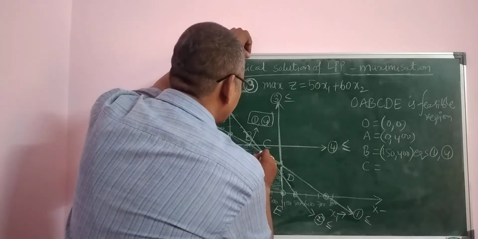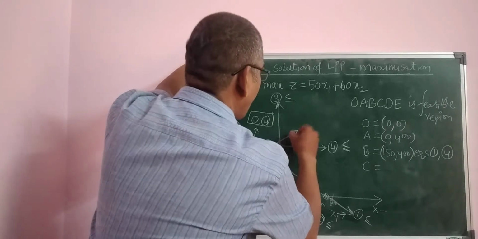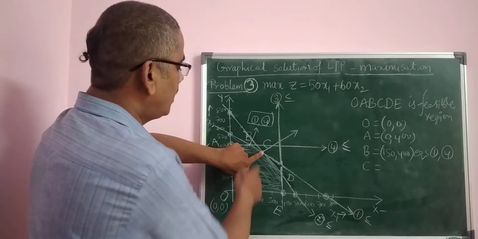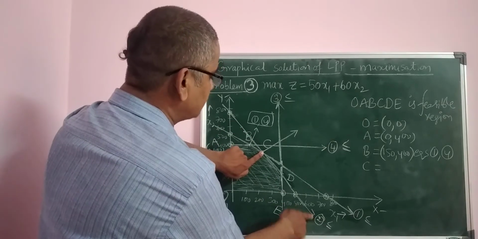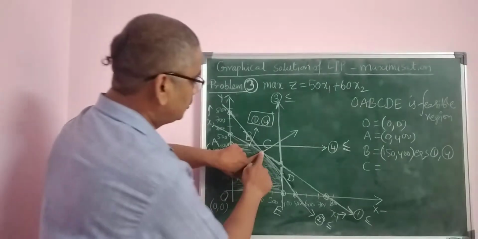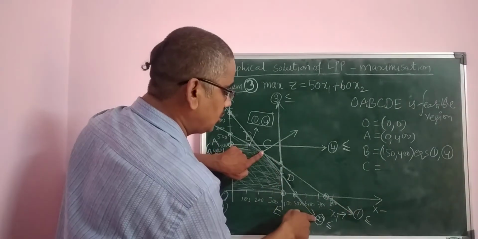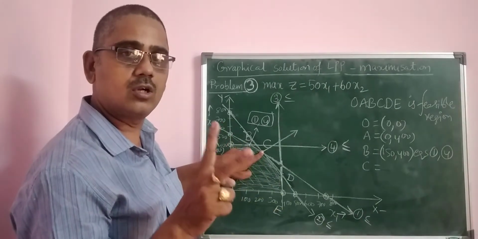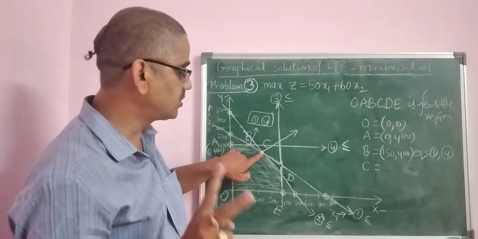And I am writing here C. C is going to be obtained by solving equation 2 and equation 1. Are you able to follow? C is an intersection point passing through two particular lines, equation 1 and equation 2.